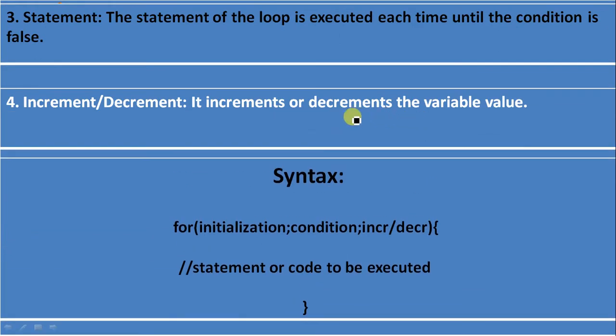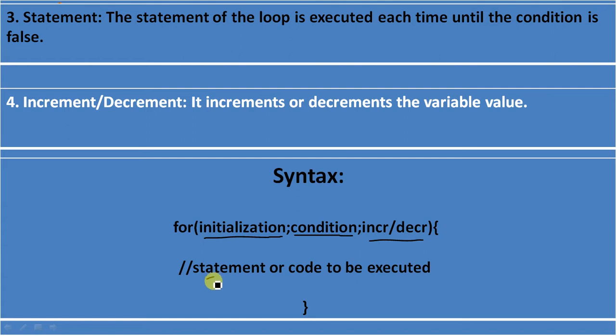So the syntax of the for loop is: for, then initialization, where we initialize the variable value. Then condition, which is checked every time. Then increment and decrement. These are the three parts of the for loop, and the fourth part is the statement.